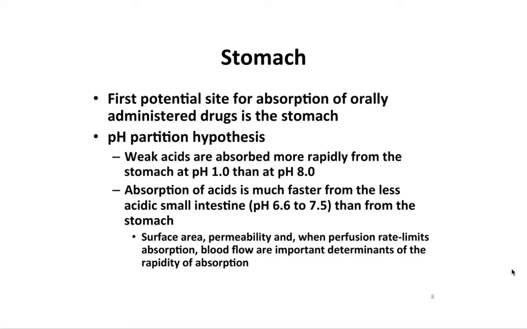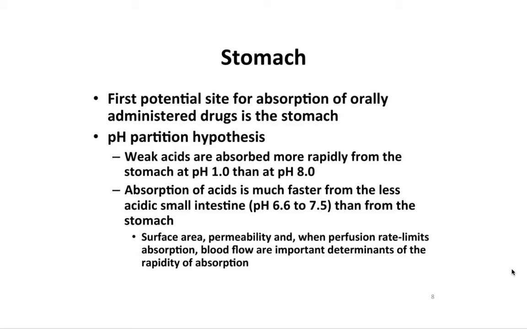Absorption of acids is much faster, though, from the less acidic small intestine than from the stomach, and that's because there are other factors. Although the pH partition hypothesis leads us to assume that acidic molecules will get absorbed from the stomach faster than the small intestine, there are numerous other factors that will negate that effect, such as surface area and permeability.